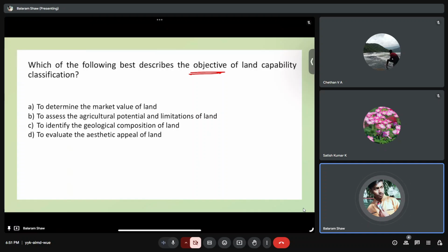We mostly do so to understand the conservation problem or give some possible treatments to it, right? The options are: to determine the market value of land, to assess the agricultural potential and limitations of land, to identify the geological composition of land, and to evaluate the aesthetic appeal of the land. So obviously, the correct answer will be B, that is to assess the agricultural potential and limitations of land. Right.